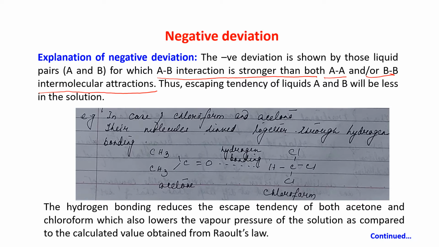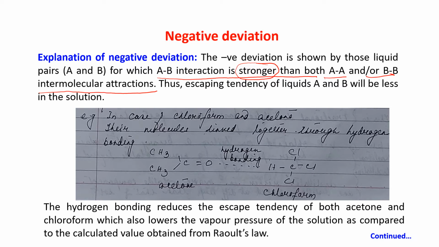It is just the reverse of the positive deviation. In positive deviation, we have seen that AB interaction is weaker than both AA and BB intermolecular attraction. In negative deviation, AB interaction is stronger than both AA or BB intermolecular attraction.